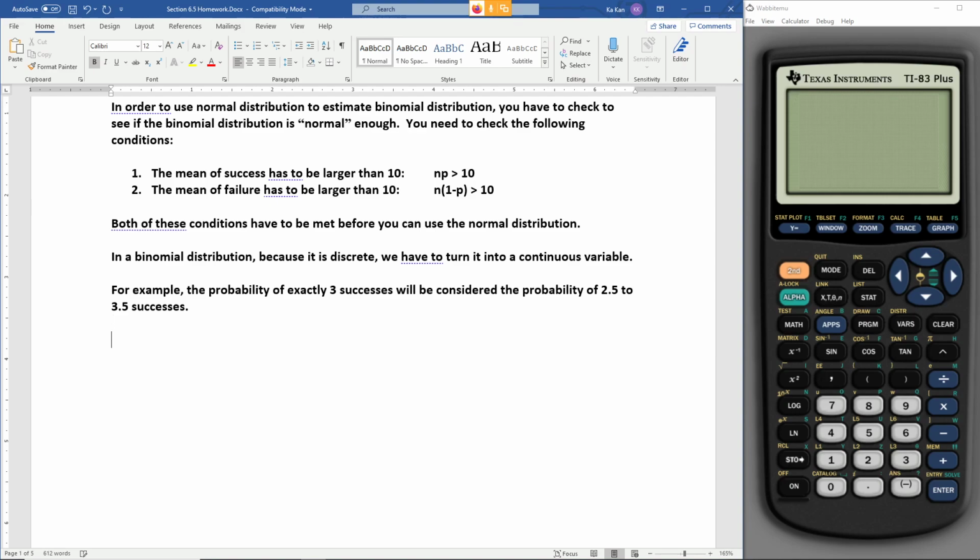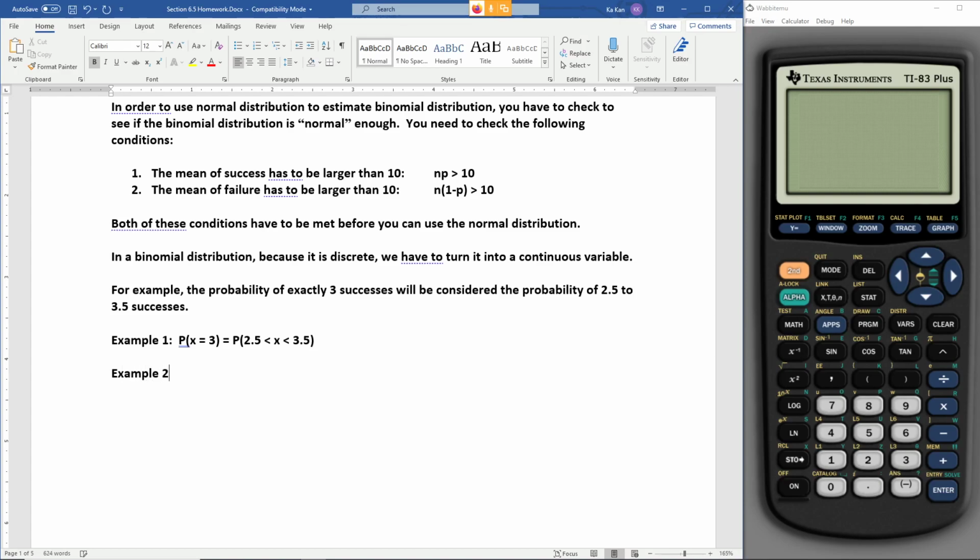For example, example 1: if I have binomial probability of x equals 3, I can write this as the probability of 2.5 less than x less than 3.5. I basically have to give it a range, so that on your normal distribution, you can use this.